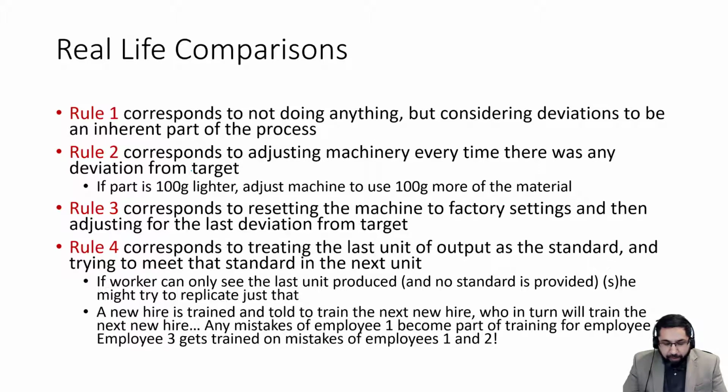So that would be a situation of rule 4 where we just move to whatever the last output was. Any mistakes of employee 1 become part of the training for employee 2, which is then imparted onto employee 3, which gets mistakes of employee 1 and 2 and so on, right? So rule 4 is basically you just have the last output and you try to replicate that.